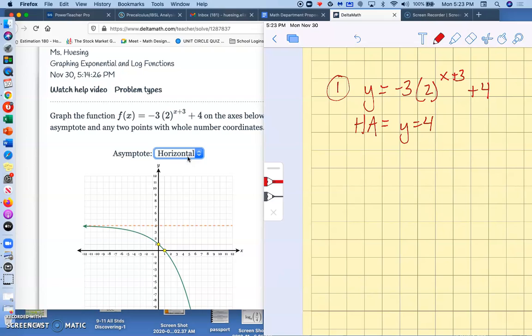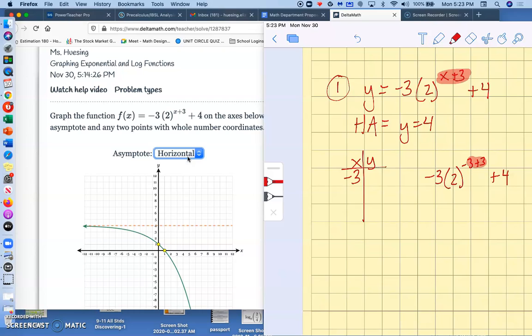So we have to find a couple points. Well, I personally think when finding points, what makes our exponent equal to 0? Because it's really easy when our exponent is 0. So when x is -3, we'd have -3 times 2 to the -3 plus 3 plus 4.